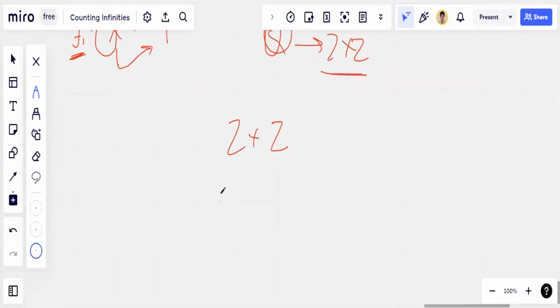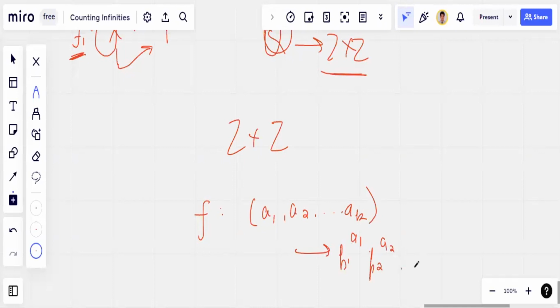Another idea is basically how to find a nice mapping function. Like mapping some tuple a1, a2, ..., ak to p1 to the power a1, p2 to the power a2, up to pk to the power ak, where p1, p2, ..., pk are the first k primes. This is a nice idea because you know that there are infinitely many primes and the primes are countable.